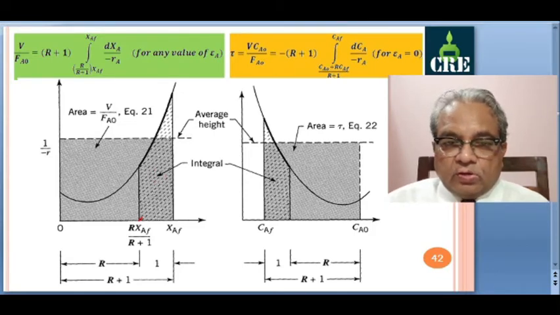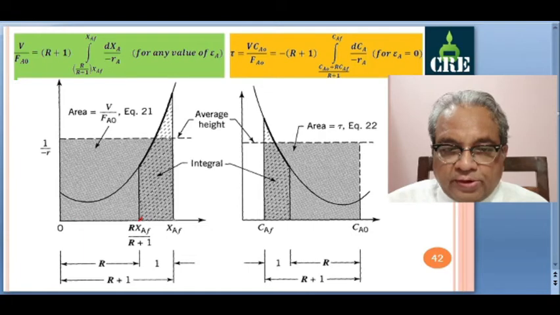Here you can see the area is V by FA0. Now this complete thing, if you see, this is r, our recycle ratio, and this is 1, r plus 1.